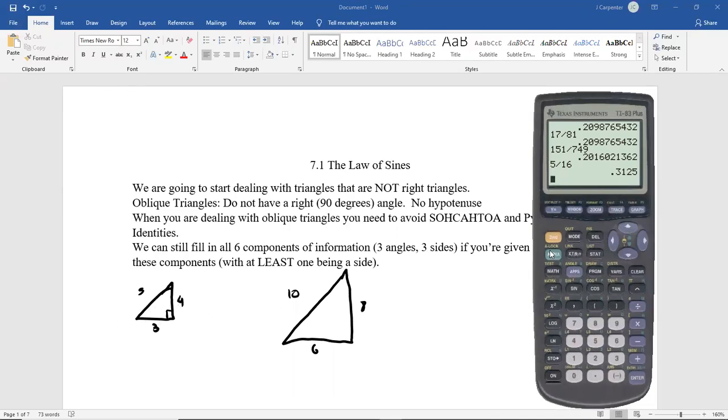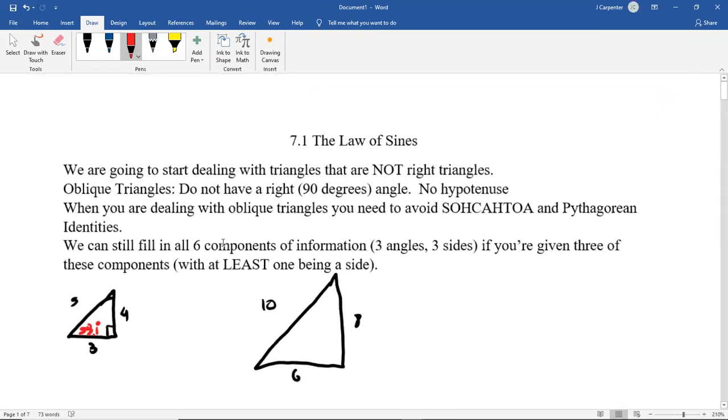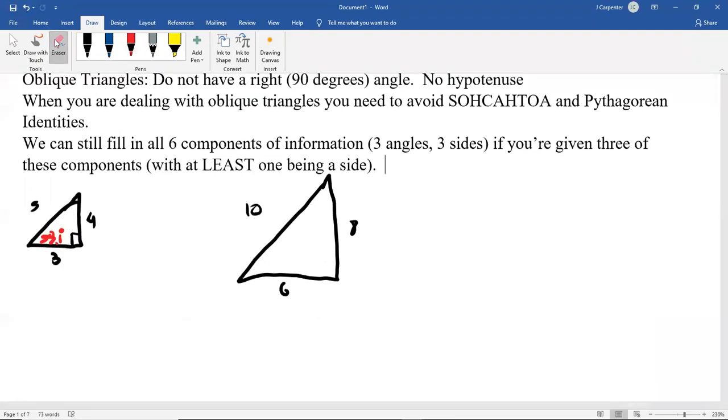So if you did inverse sine of 4/5, that would give you the bottom left angle, and my mode is in radians, so I need to convert that to degrees. So 53.1 degrees.